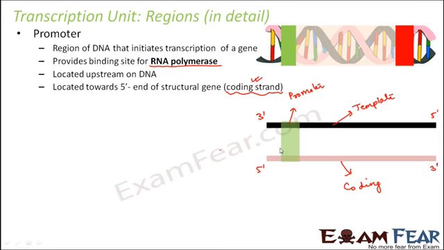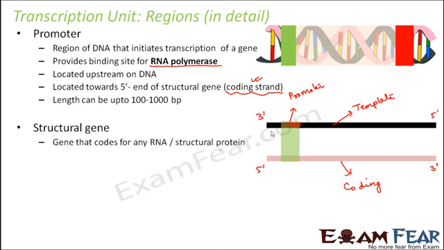So the promoter is always located towards the 5' end of the coding strand, and obviously the terminator will be on the other side. Its length can be up to 100 to 1000 base pairs. The promoter is nothing but a region on DNA, not some additional substance, so the number of base pairs in the promoter region can extend up to that stretch.